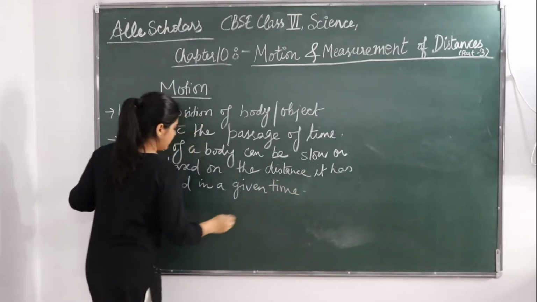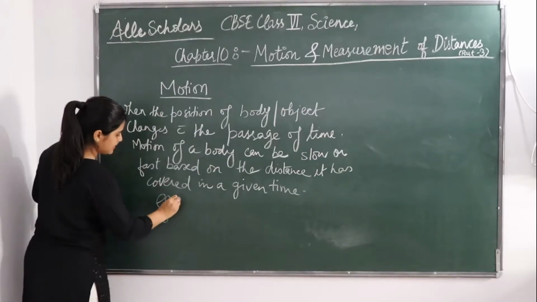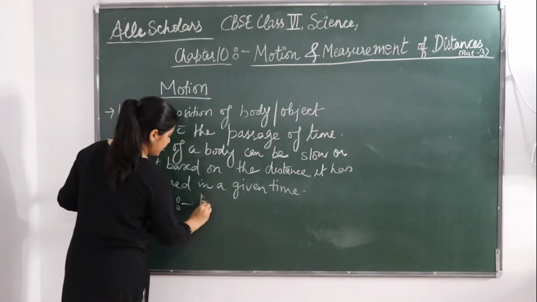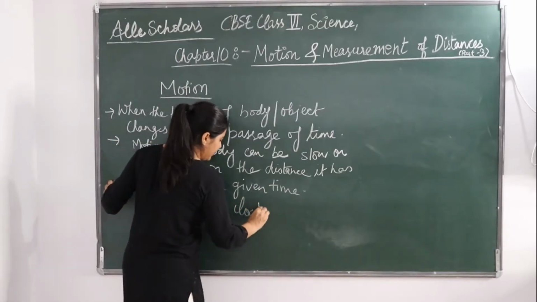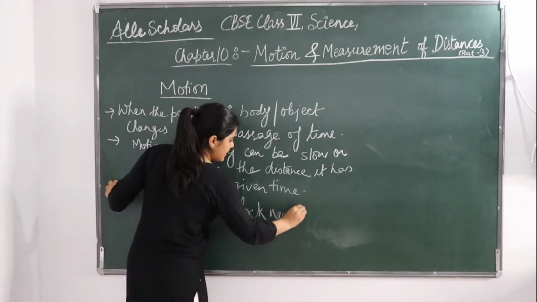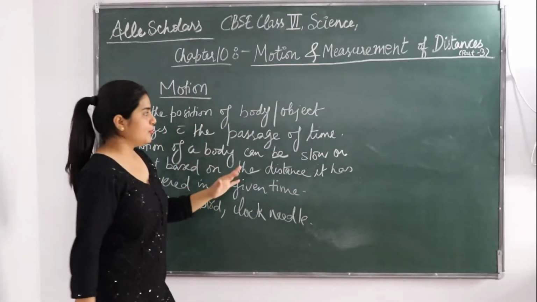Okay, so motion के examples, a bird is in motion. Okay, a clock needle is in motion. All these are the examples of motion.